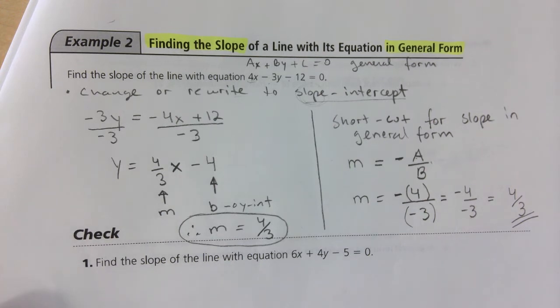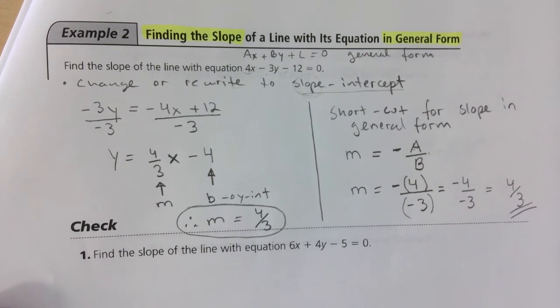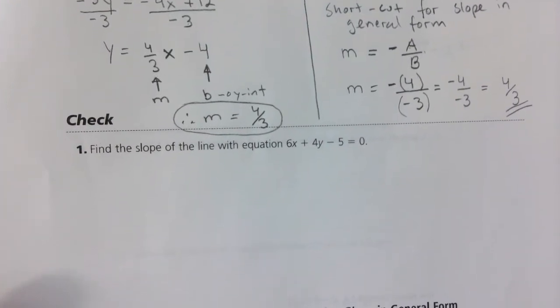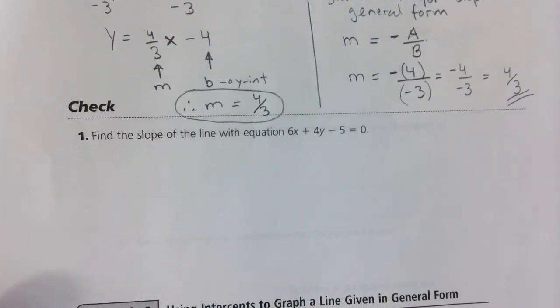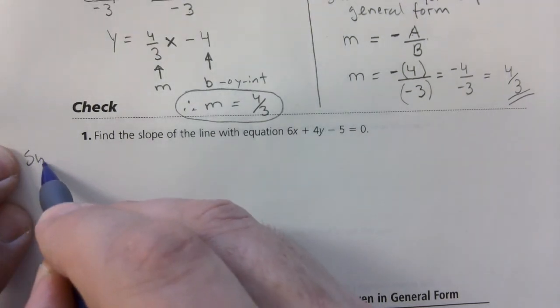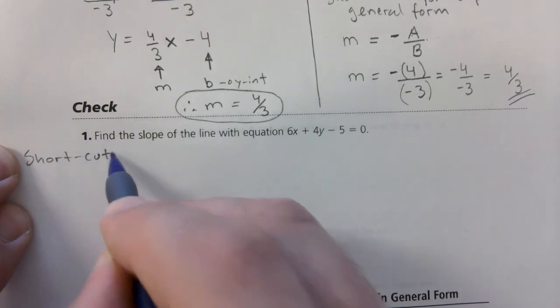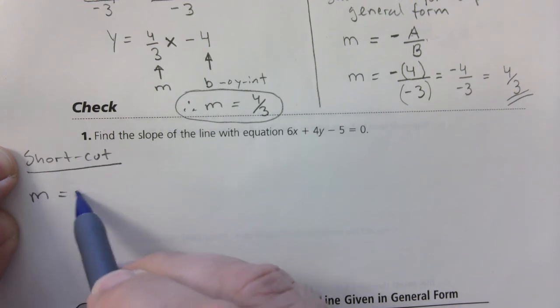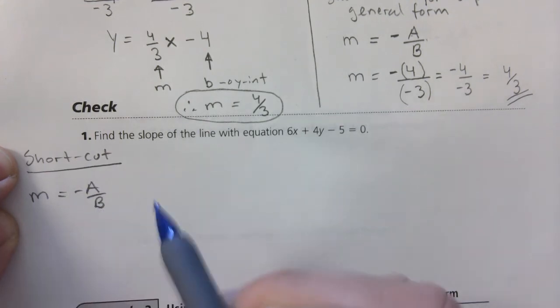One more question like that. Find the slope of the line with the equation 6x plus 4y minus 5. Shortcut. I'm going to do it both ways, okay? Shortcut: m is equal to negative a over b.